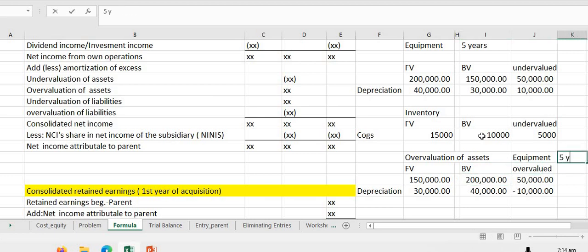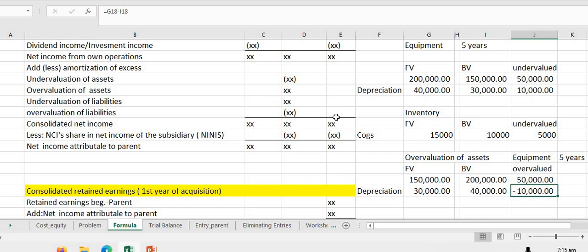The depreciation reported by the subsidiary is 40,000 kasi its book value is 200,000, that's 200 divided by 5. And then its fair value is 150, so dapat yung depreciation is 30,000 for consolidation purposes. Therefore, our depreciation is overstated by 10,000.